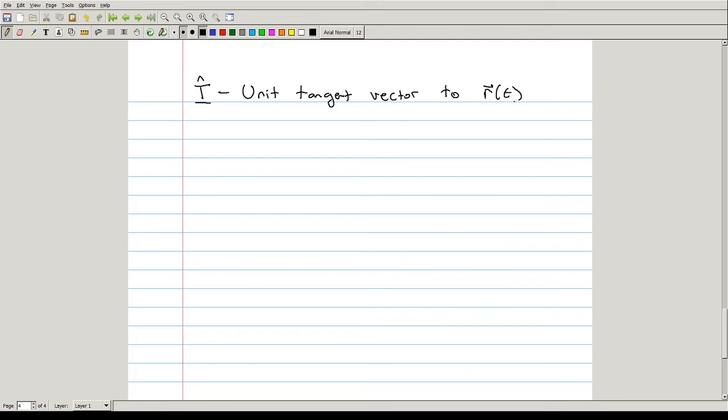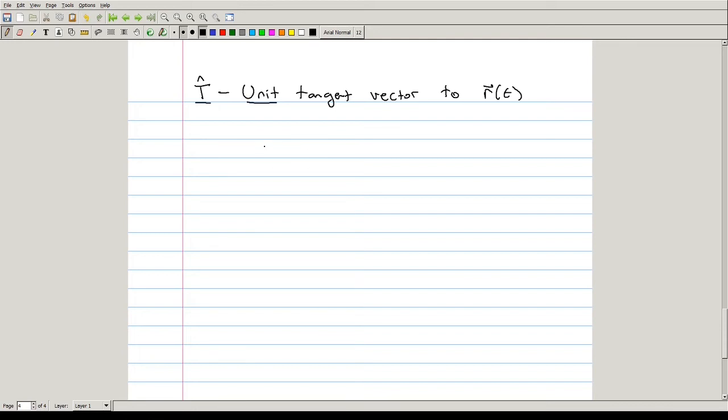It turns out this is going to be a very, very important quantity. So this is going to be a vector that's of unit length, or length 1, and always going to be tangent for any point on the curve r of t.